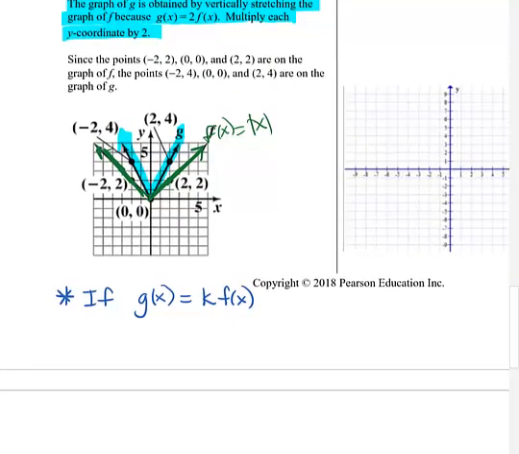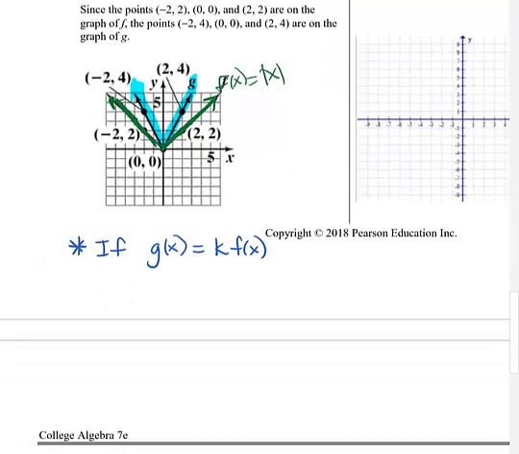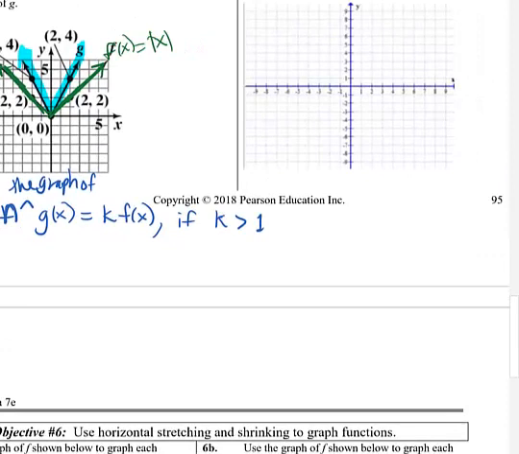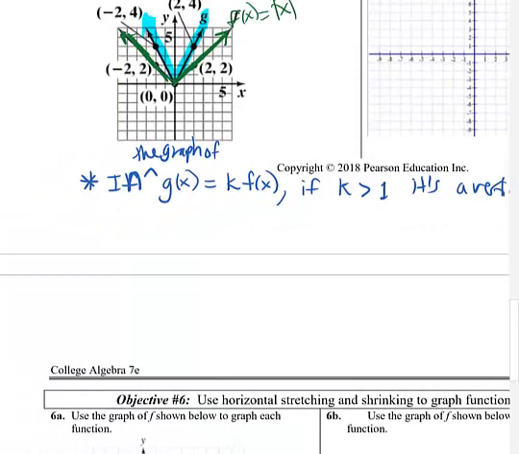In the graph of g of x equals k f of x, if k is greater than 1, it's a vertical stretch, like what they said, because the number we had was a 2, which is greater than 1.